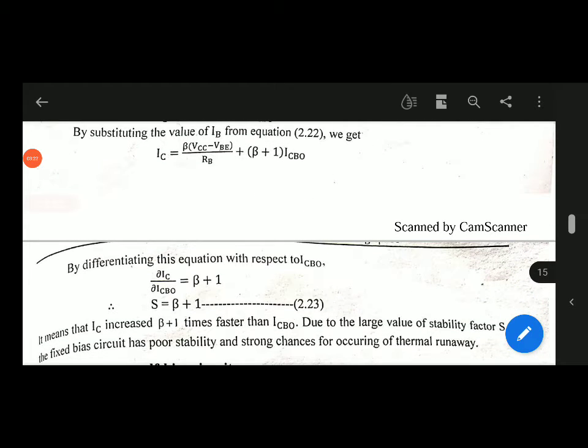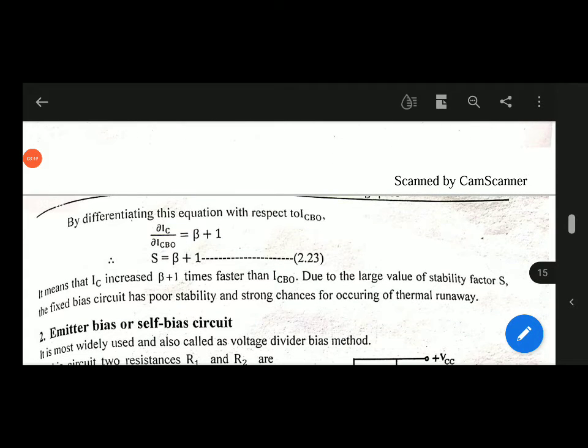By differentiating this equation with respect to ICBO, we get del IC / del ICBO equal to beta + 1, because the other quantities are constant, so their derivative is 0. So S = beta + 1.